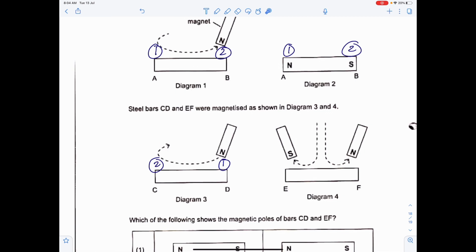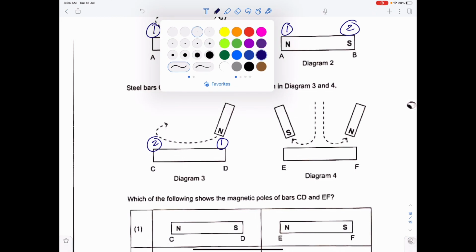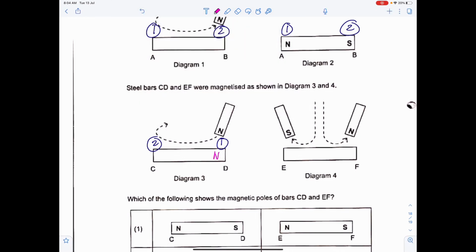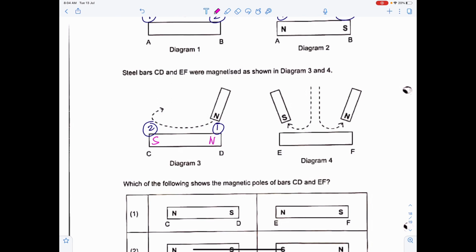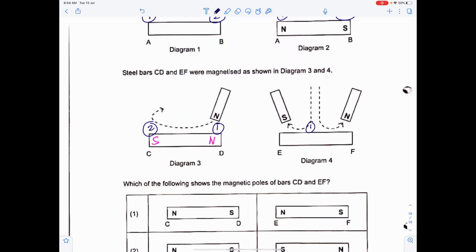Based on this, we know that this is going to be our north pole, and this is going to be our south pole. Similarly, for the other side, you can do the same thing. This is position 1, this is position 2. But this time round, take note that it is the south pole that is touching. So at this position over here, this would be your south pole, and this should be your north pole.